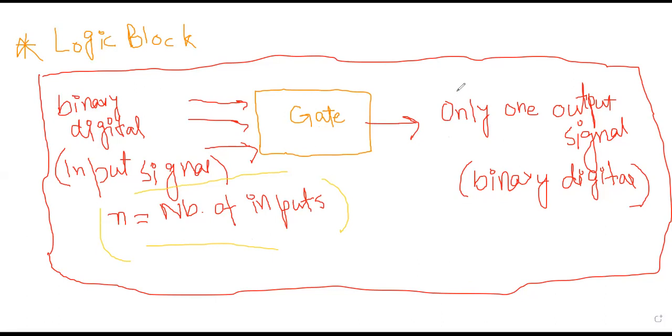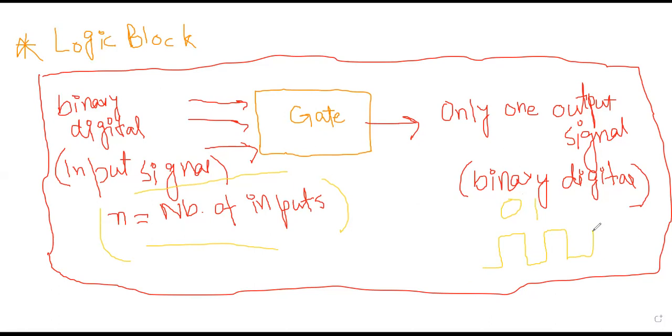The output will be a signal, either 0 or 1. Yes, signals, also known as impulses. Impulse means whether it is 0 or 1.